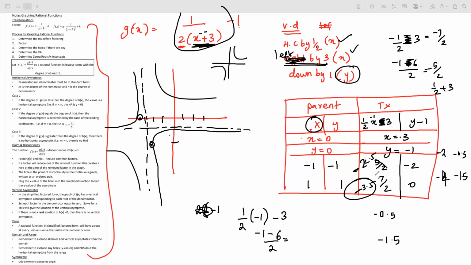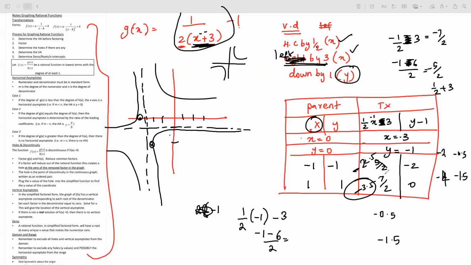Something feels so wrong. So there is a half multiplication to x and then a -3. I also got the exact points. Which one? -2, -0.5. -1, -1 became, it was multiplied by half.